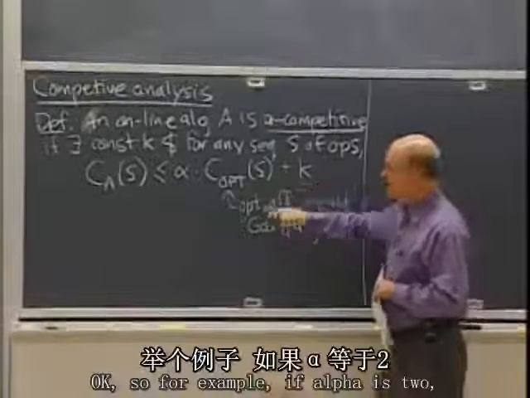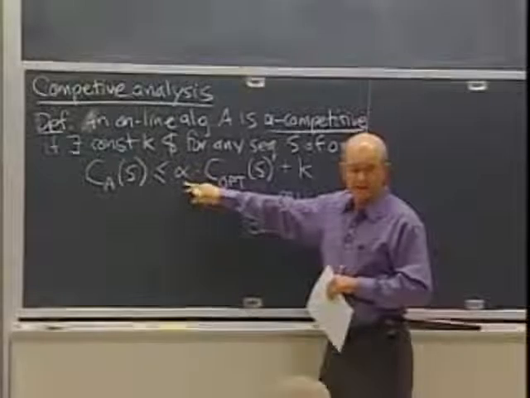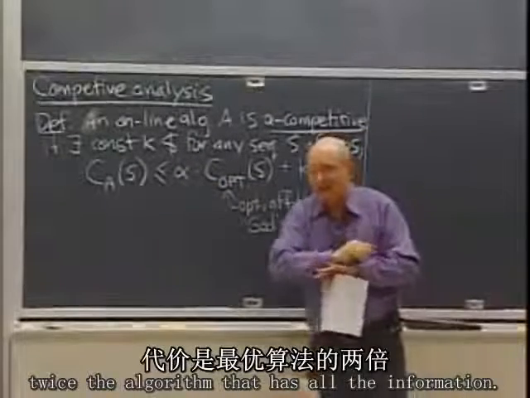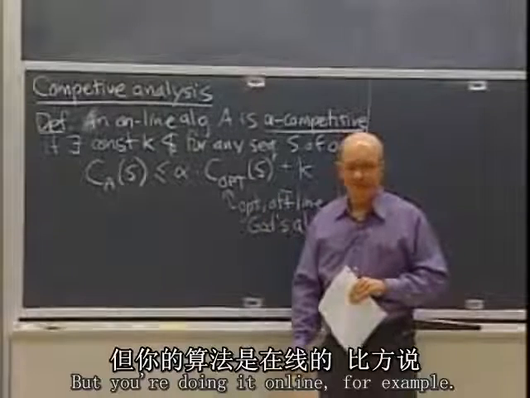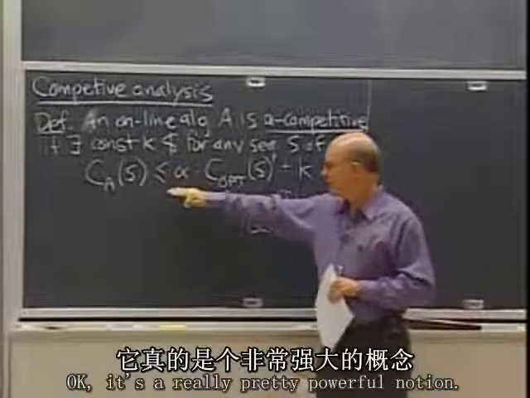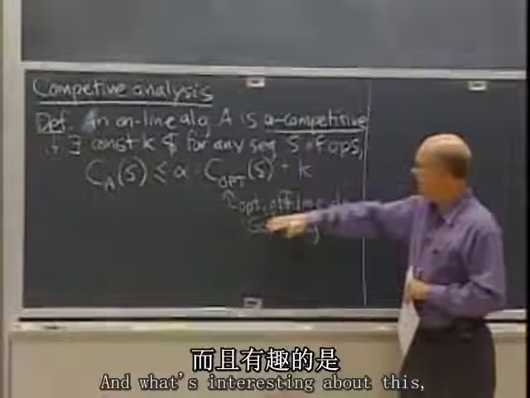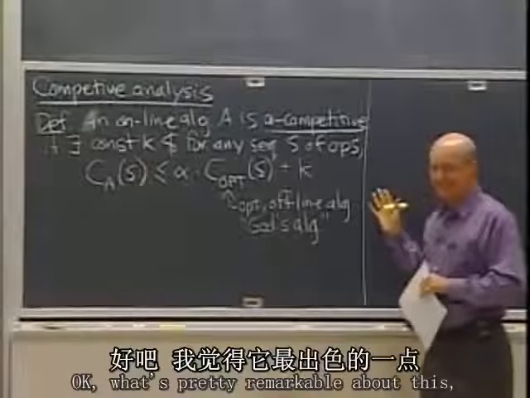So, for example, if alpha is 2, then we say it's 2-competitive. That means you're going to do, at worst, twice the algorithm that has all the information, but you're doing it online. Okay? It's a really pretty powerful notion. And what's interesting about this is it's not even clear these things should exist, to my mind. Okay?